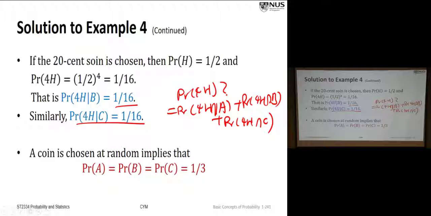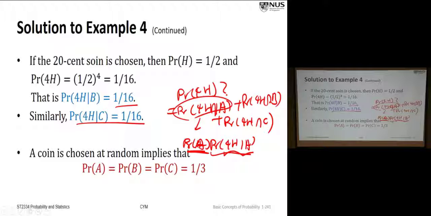And this is important, because in order to compute this probability, it is the probability of A times the probability of 4 heads given A. This one, we already said is equal to 1. But what is this one?